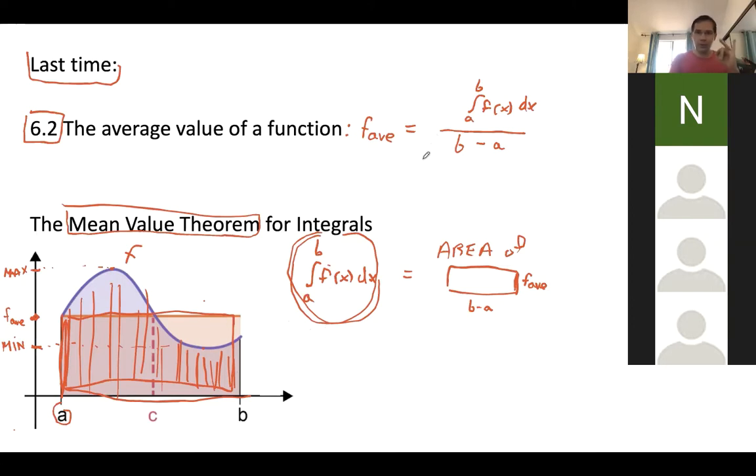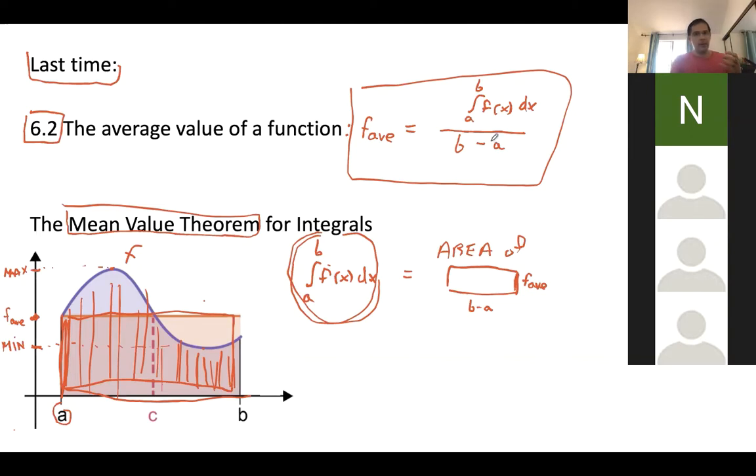So two things in this section. One is the definition of the average value of the function. The function has a minimum, the function has a maximum, and so many values in between, but somewhere in the middle is the average value of this function. That's exactly this number, given by this formula.